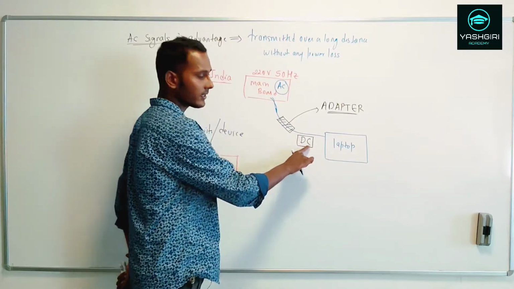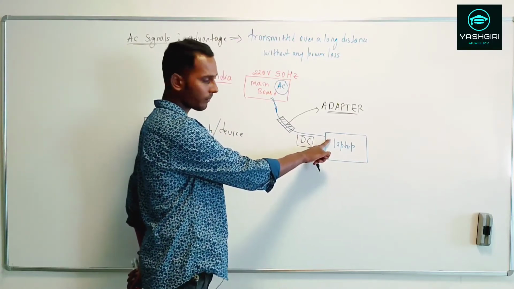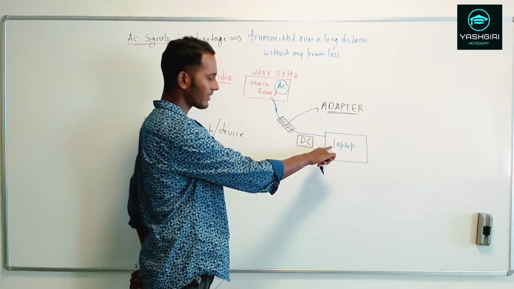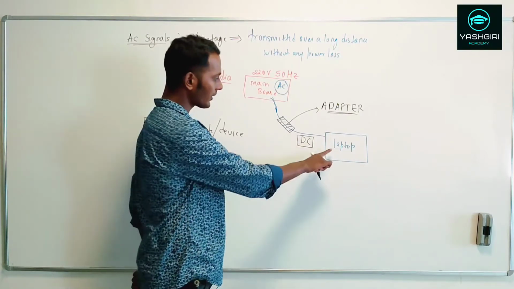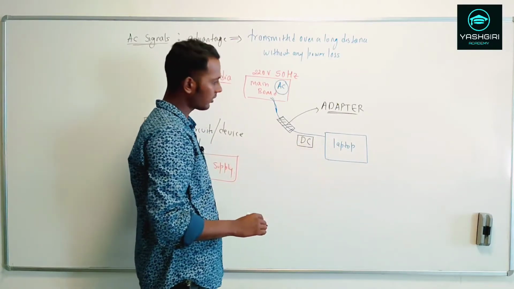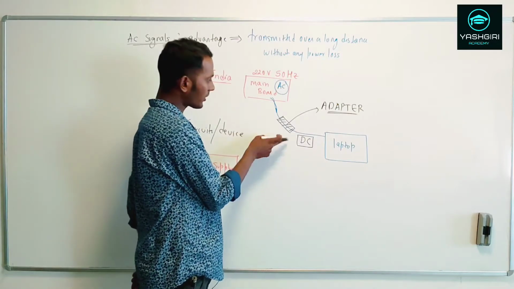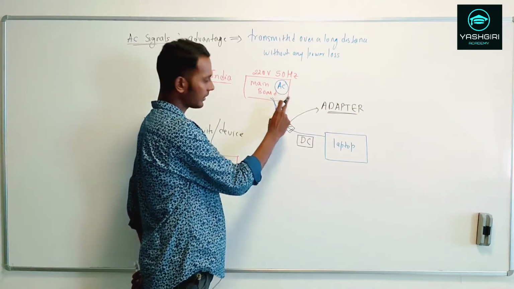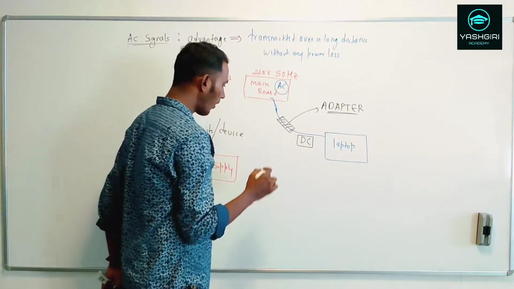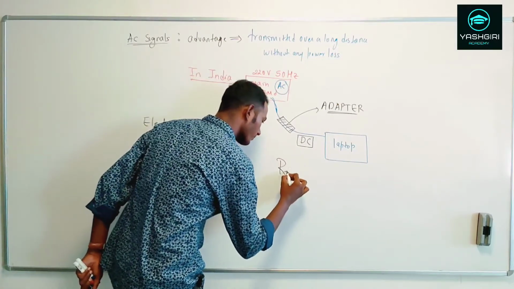These DC signals are given as an input to this laptop, that is your electronic circuit or electronic device, so that it is getting charged. So the process of converting AC signals to DC signals, we call it rectification.